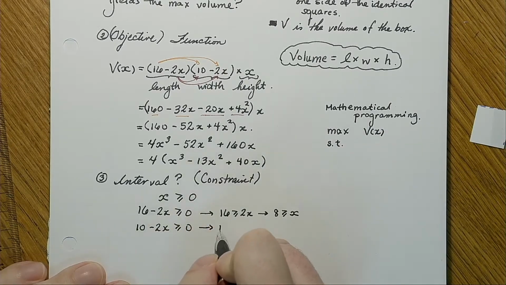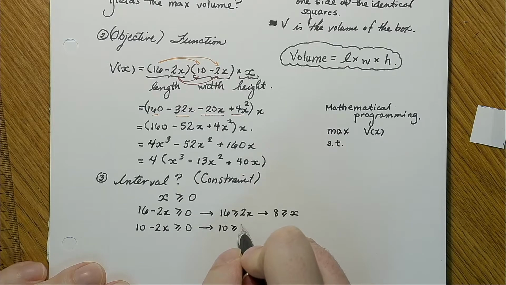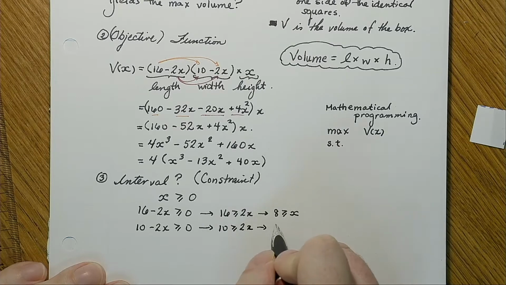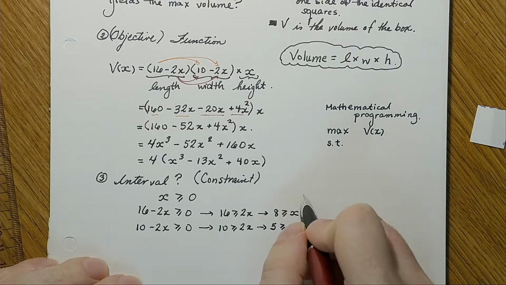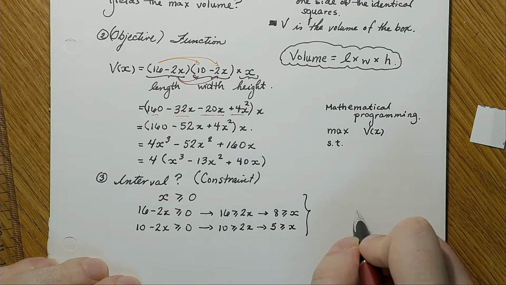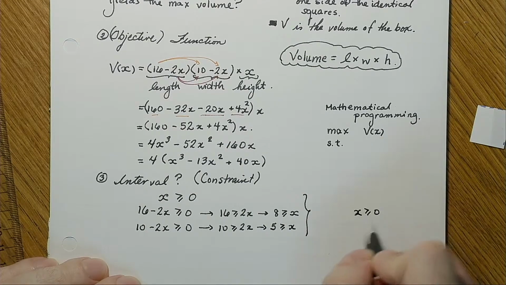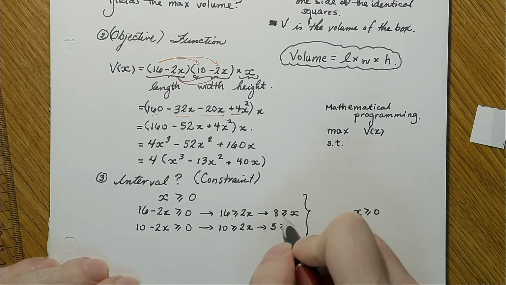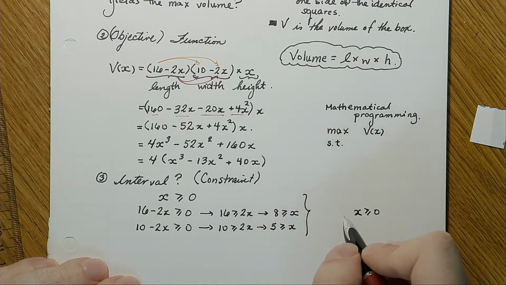And then same thing over on this side. I have 10 has to be less than 2x. So that implies that x has to be less than 5. So from these, I know that x has to be greater than 0. And to satisfy all these conditions, x has to be less than 5 as well.